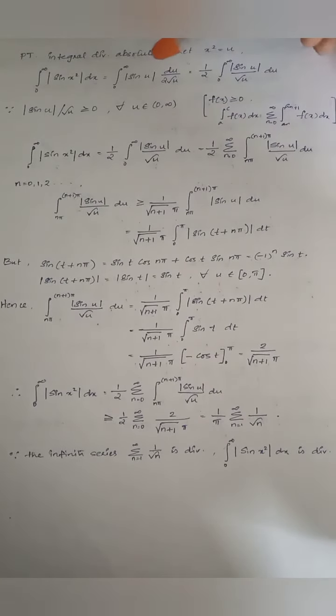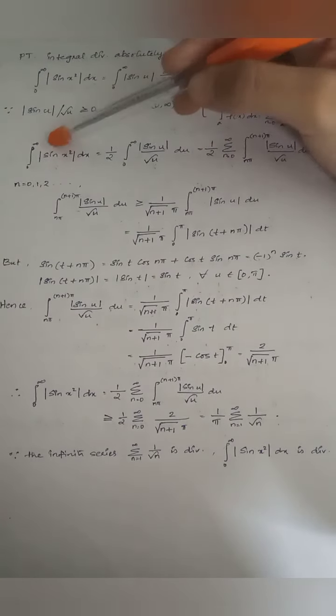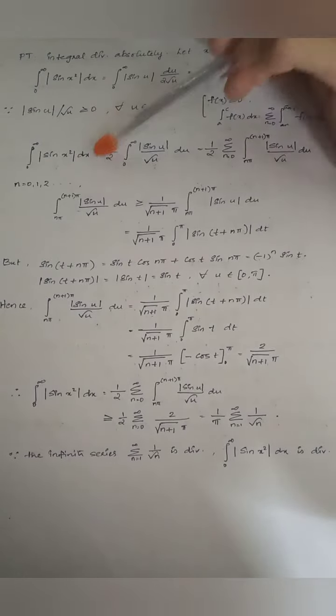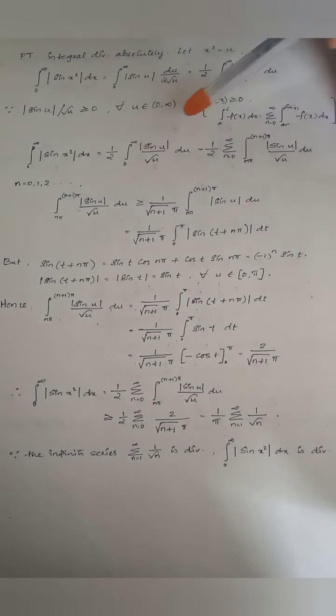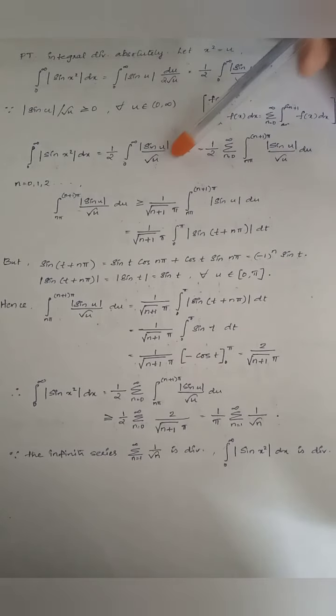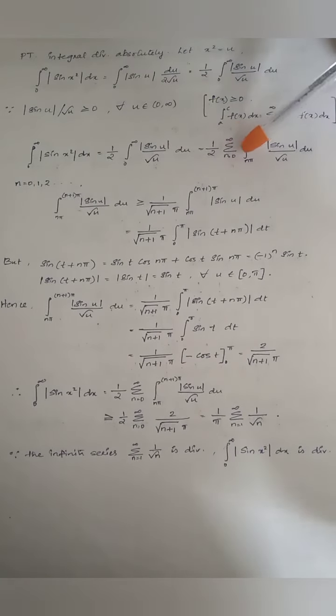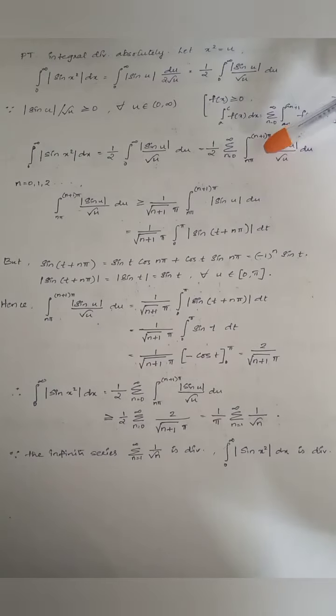So here the integral from 0 to infinity of |sin x²| dx is equal to half of the integral from 0 to infinity of |sin u|/√u du, which is equal to half of the sum over n from 0 to infinity of the integral from nπ to (n+1)π of |sin u|/√u du.